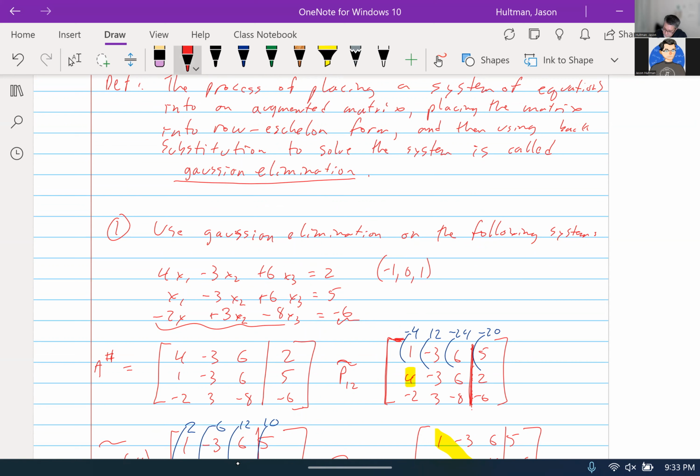If I get -4 plus 6, because the -3 is going to go to 0, all the values for x2 are 0. So that middle value is always going to be 0. So is -4 plus 6 equal to 2? Yes. Is -1 plus 6 equal to 5? Yes. Is 2 plus -8 equal to -6? Yes. So all three of the equations check out.